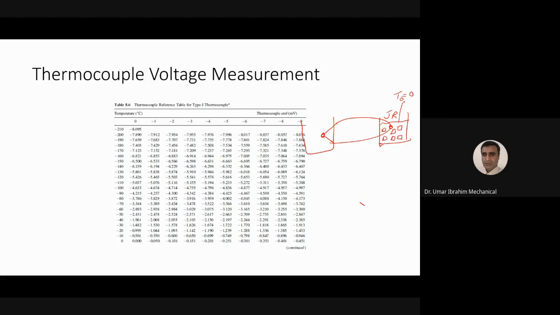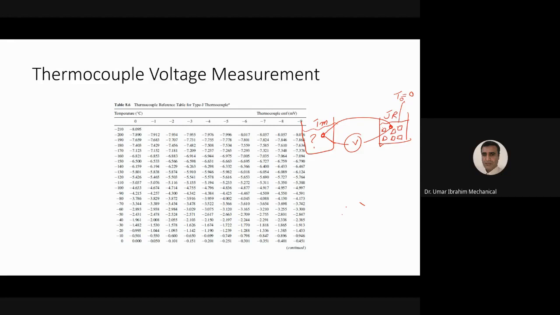So this is JR, or reference junction, at T0 equal to 0 degrees C, and this is Tm, the measurement temperature that I want to measure, and I don't know what this temperature is. But I have a voltmeter connected between the two junctions.